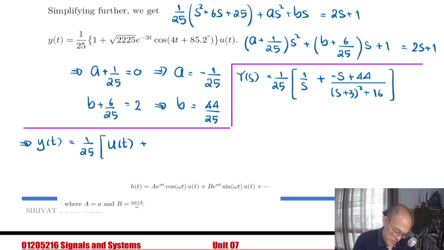Plus A. What is A? The capital A is the small a, which is found to be minus 1 over 25.